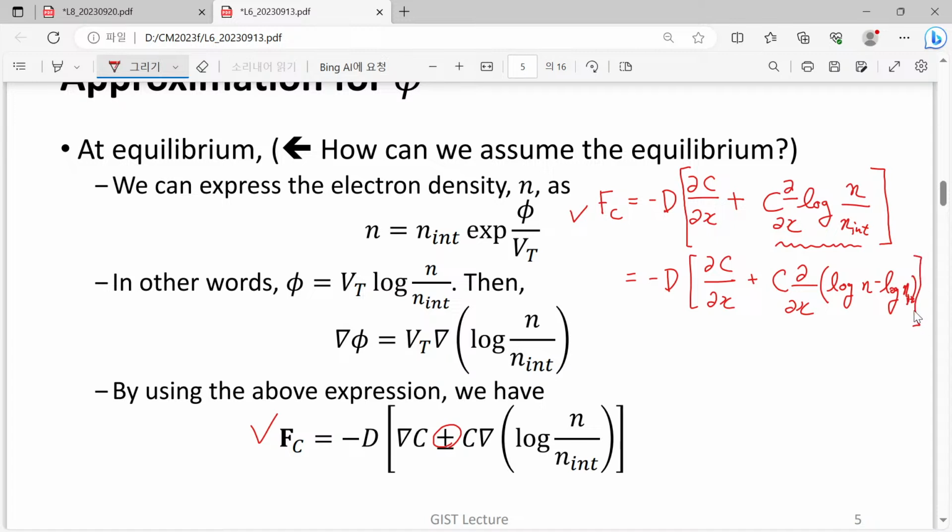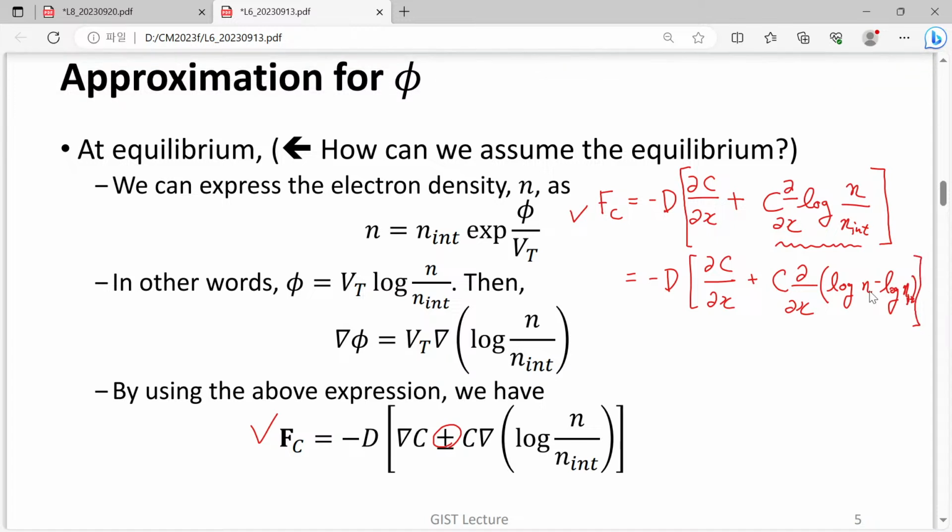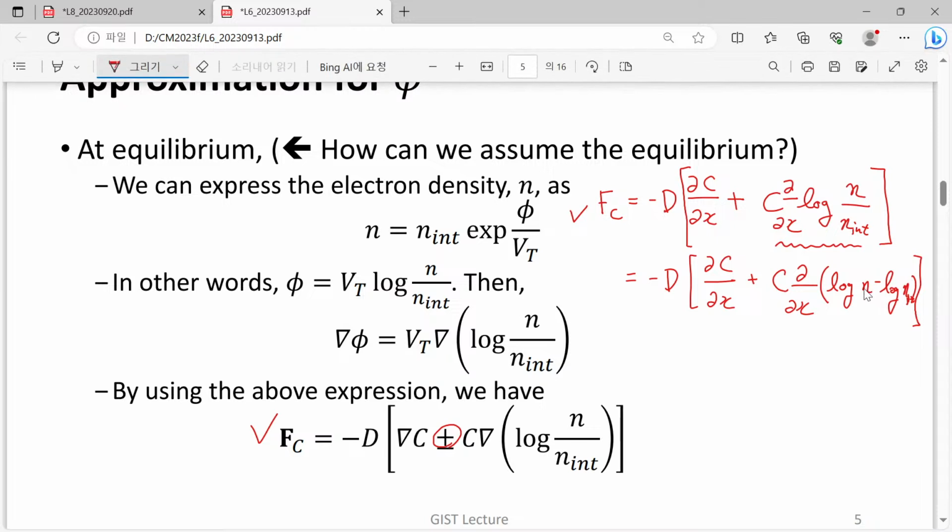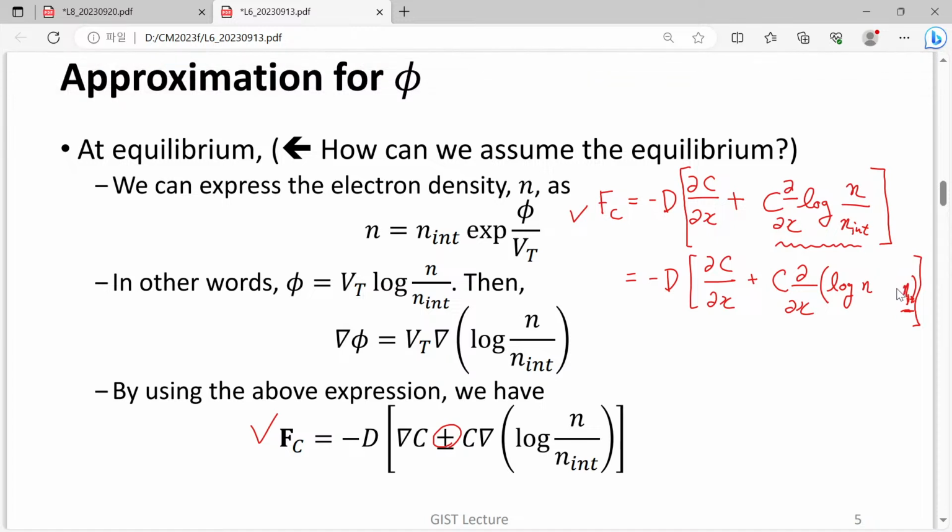However, in this case we just consider equi-temperature over our domain, so n_int is constant, and we don't have to consider the partial derivative of log n_int. Okay, then let's go to the next step.